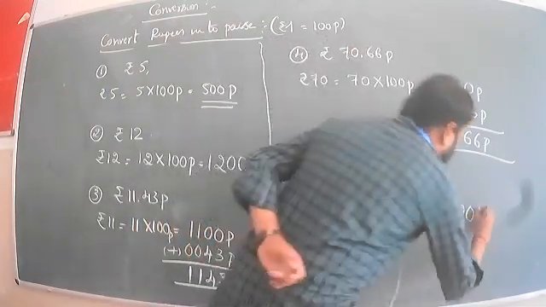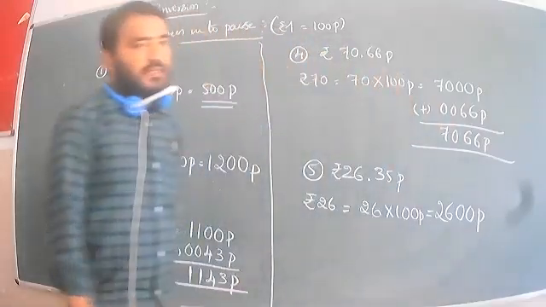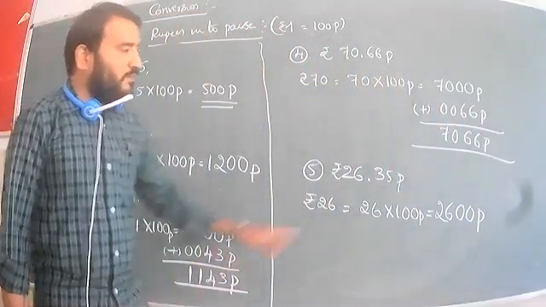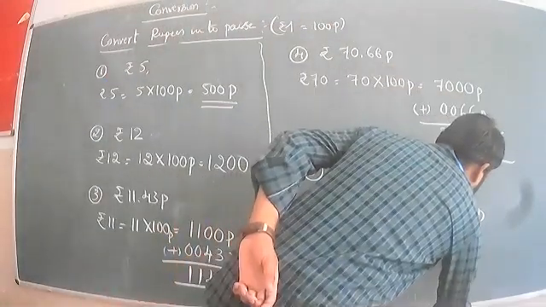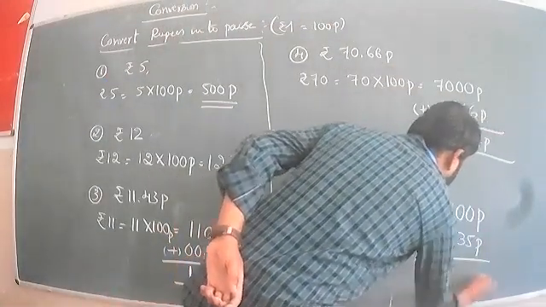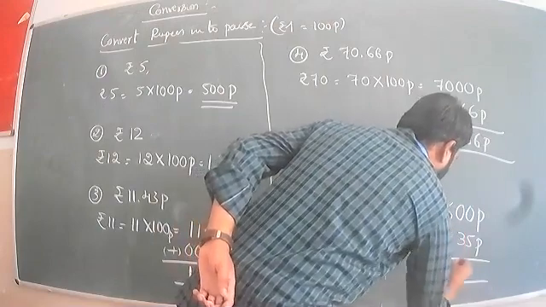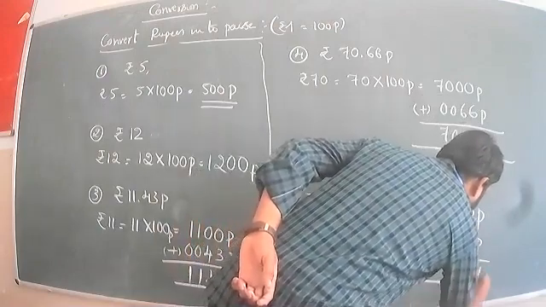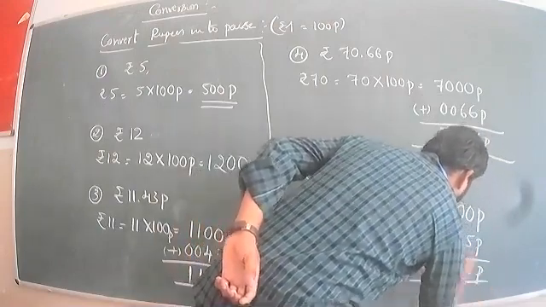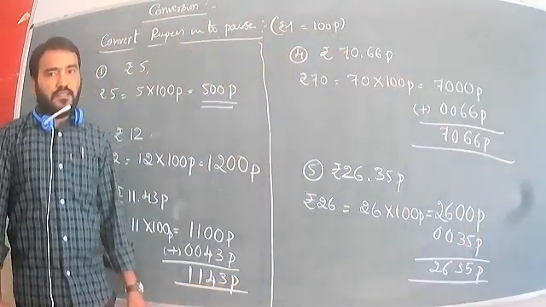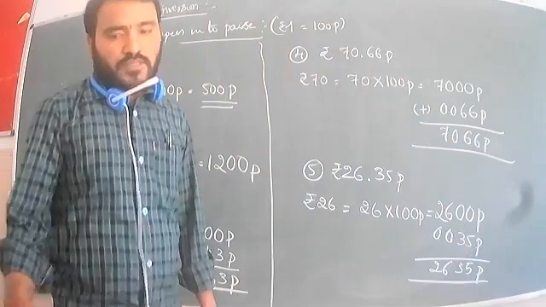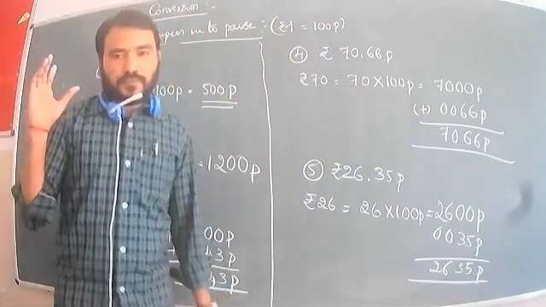So we get 2600 paisa. Now the remaining paisa, what is that? 35 paisa. We add 3, 5 in the tens place and ones place, 0, 0. Now 5, 3, 6, 2: 2635 paisa. This is the conversion of rupees into paisa.